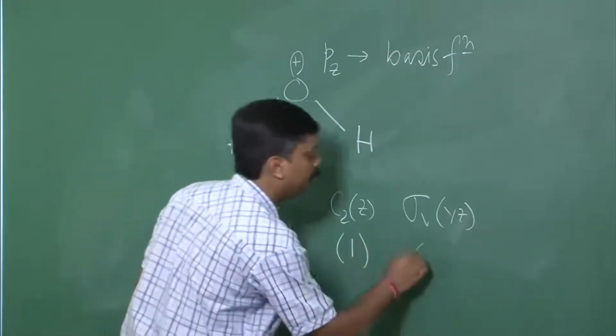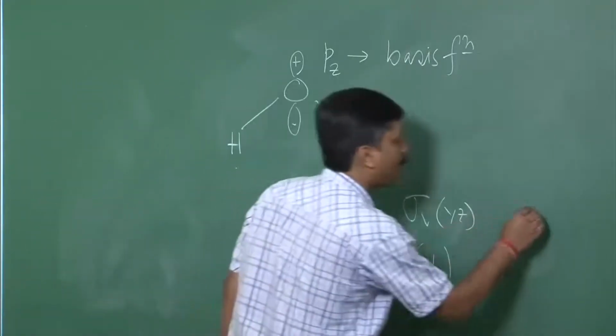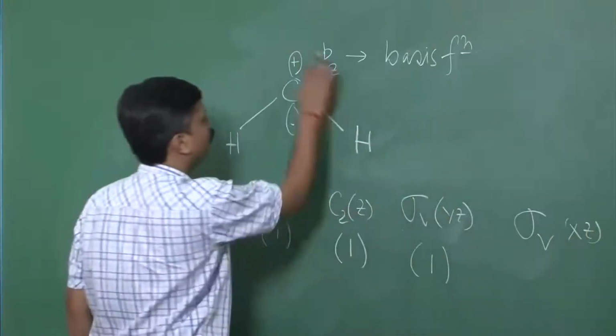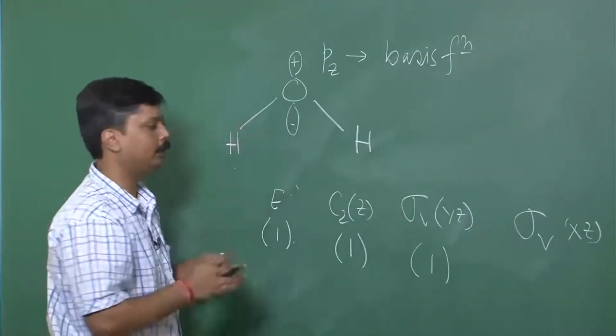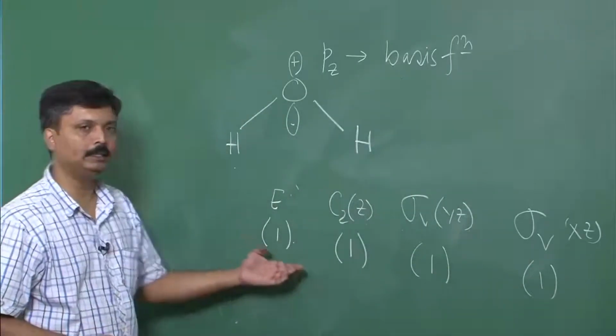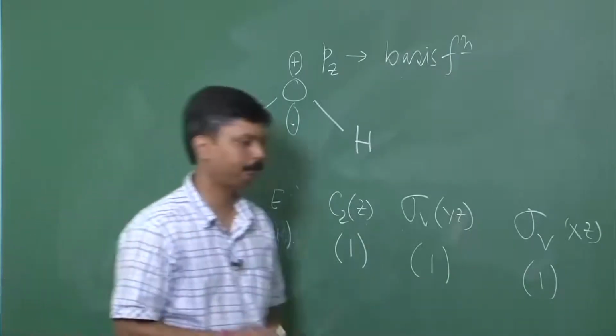So this will also give a matrix having only element 1, and sigma v xz, which is the molecular plane, will also do the same thing. So I get a representation for which all the matrices are one-dimensional and the elements are just unity.